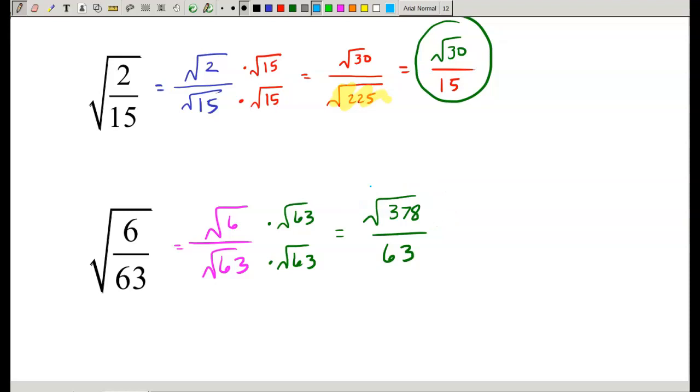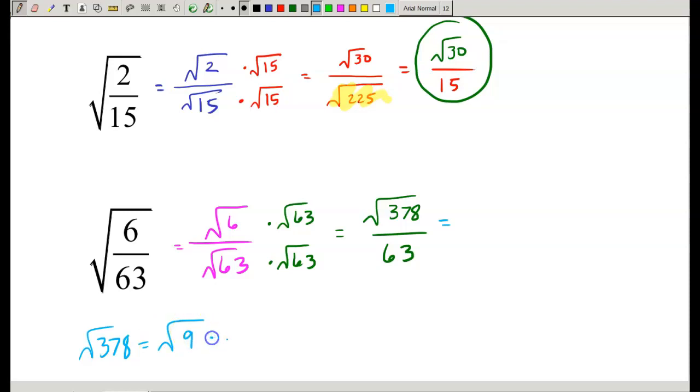So for 378, you want to think about, is there a perfect square inside of 378, just like we did in the other problems before this? So, square root of 378. Just by fiddling with my calculator a little bit, I know that 9 goes into it.